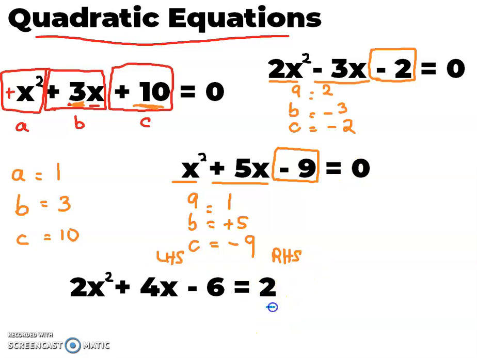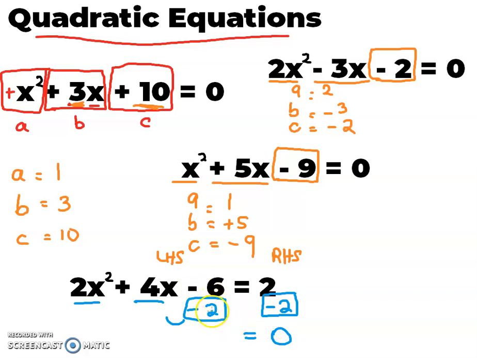So we minus 2 on the right-hand side. Whatever happens on the right-hand side, the left-hand side needs to follow. Unfortunately, this term and this term cannot talk to the number family. This one can only talk to the x family, and this one can only talk to the x squared family. So 2 minus 2 is equal to 0.